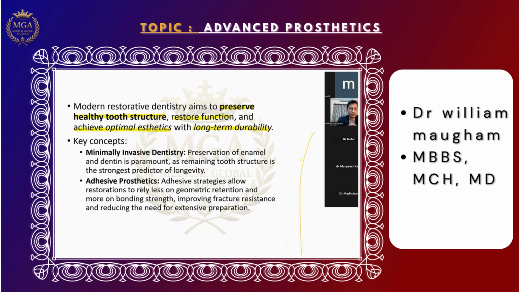Next is adhesive prosthetics. These adhesive strategies allow restorations to rely less on geometric retention and more on bonding strength, improving fracture resistance and reducing the need for extensive preparation. When you are using a good adhesive, you don't need to overextend your preparation just to get mechanical retention.